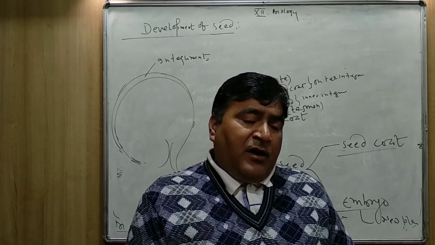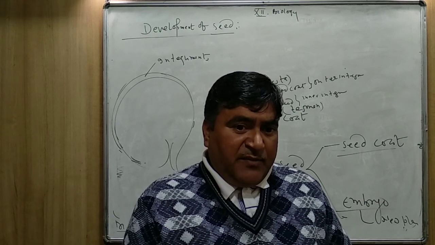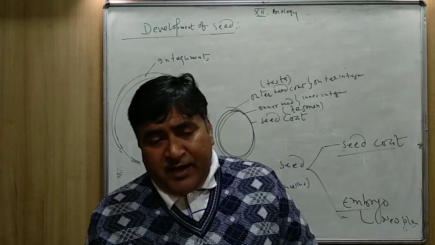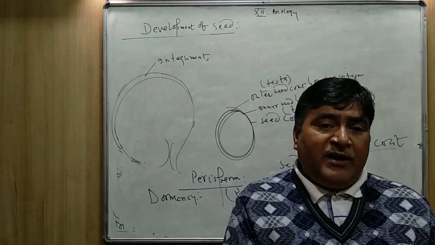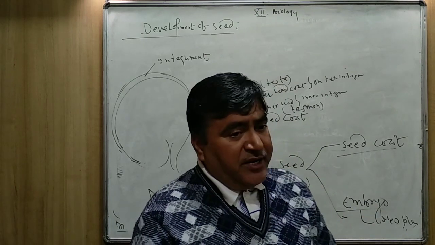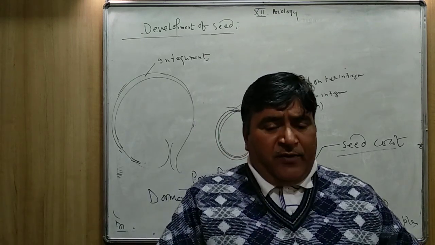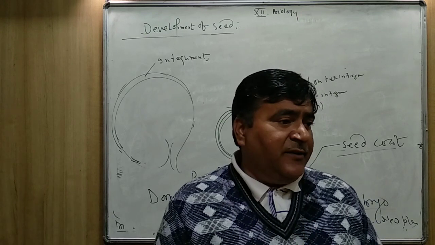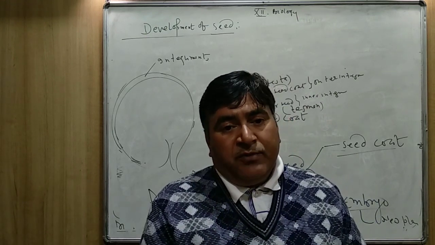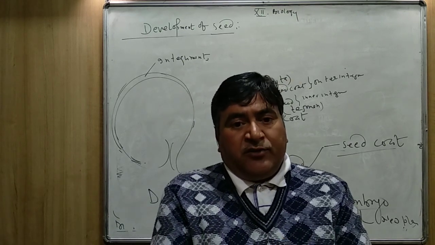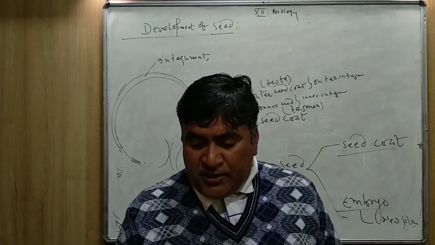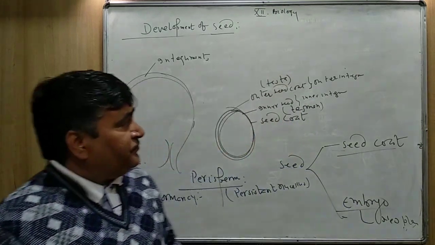So after overcoming the dormancy period, when the seed embryo gets the proper environmental conditions, that is light, temperature, humidity, means all the favorable conditions, the seeds can germinate into the new plant. The seed coat will rupture and the embryo comes outside and can produce the new plant.